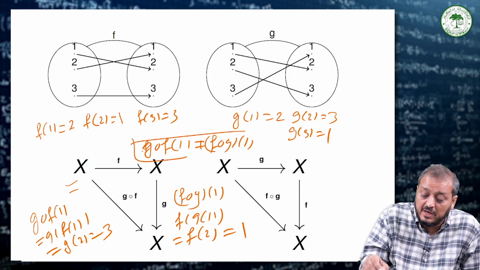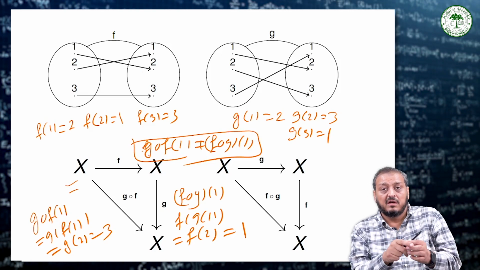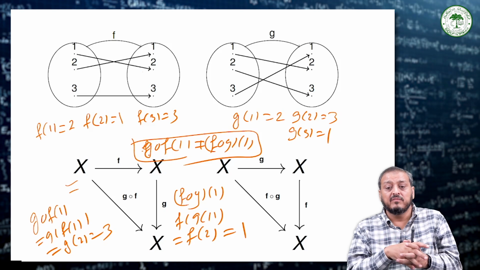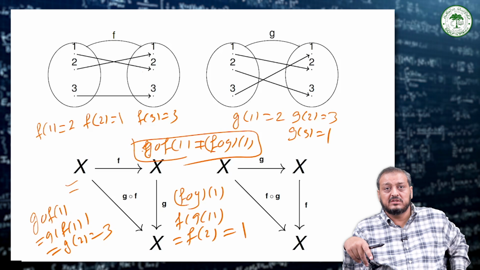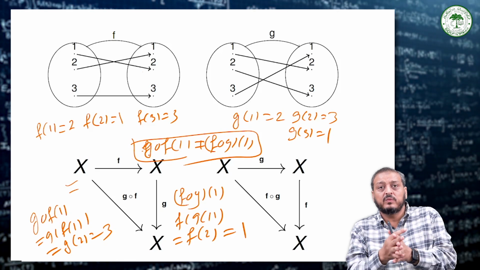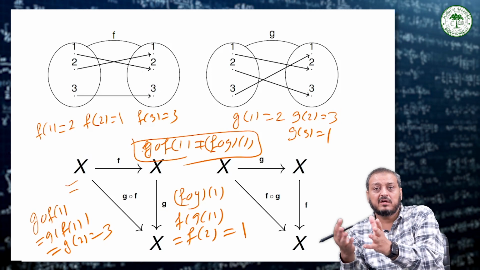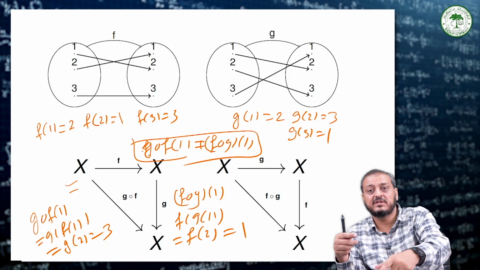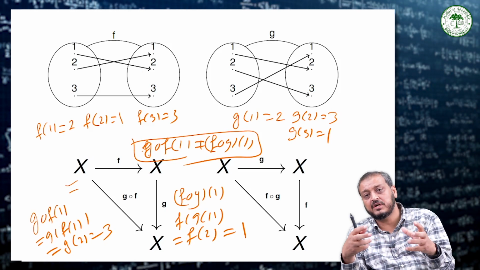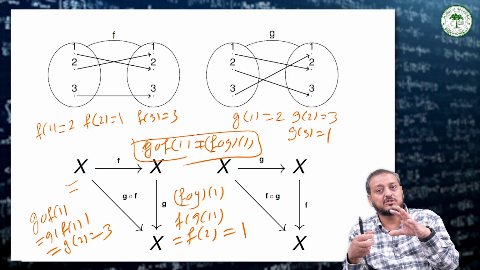So, clearly by this example we can say that the condition of commutativity does not hold. Since these two functions f and g are bijective, the composition of these two functions is again bijective, so it is closed.